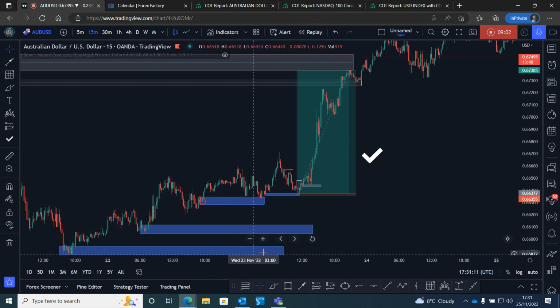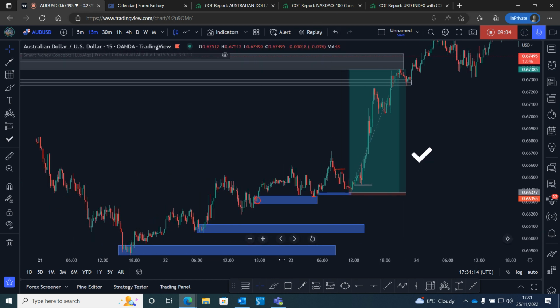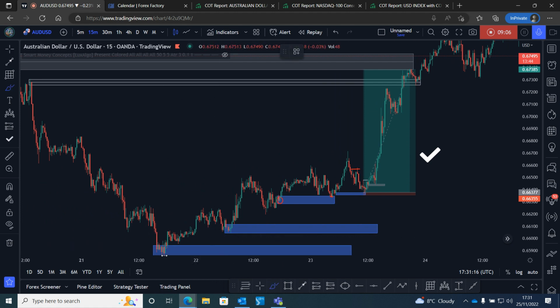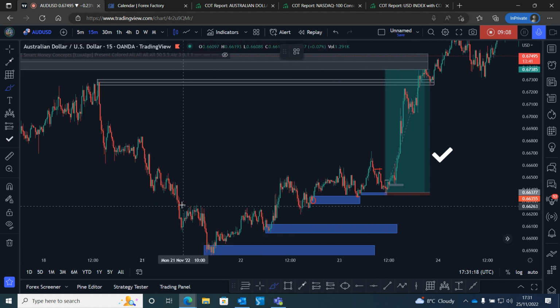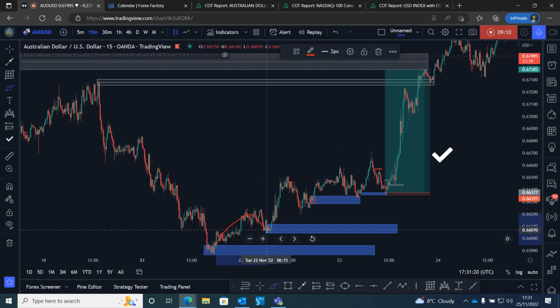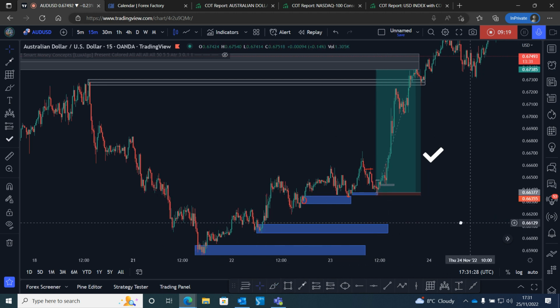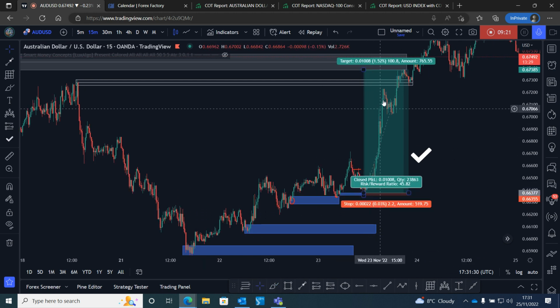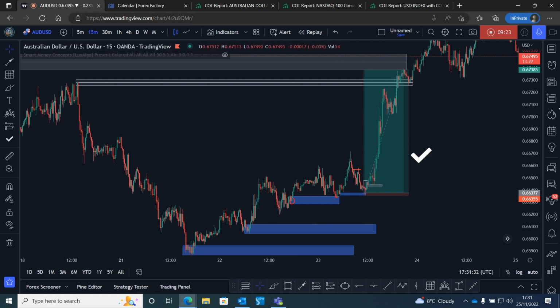So in this example, since I already understood that the market structure started to shift from sellers to buyers, I started to look for areas of interest where price could hit and change or continue the direction to the upside.